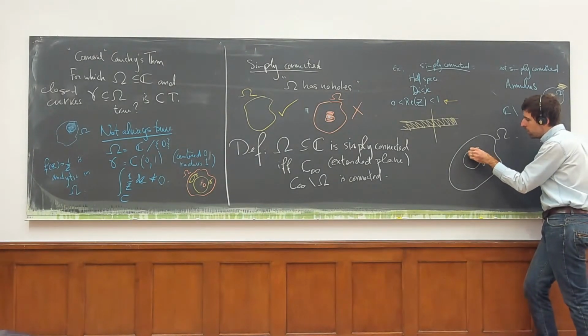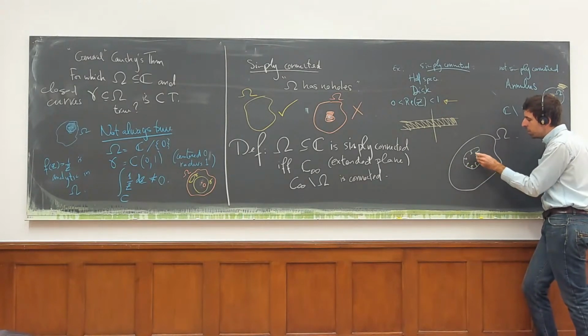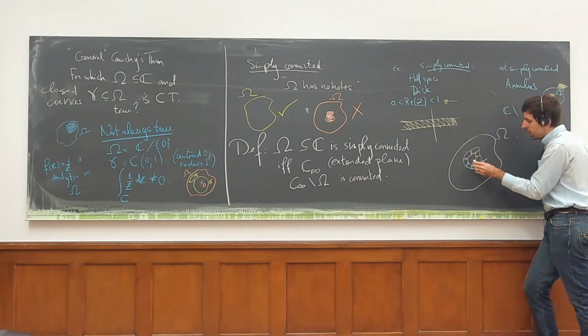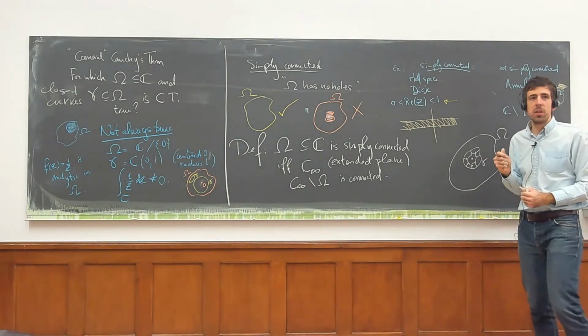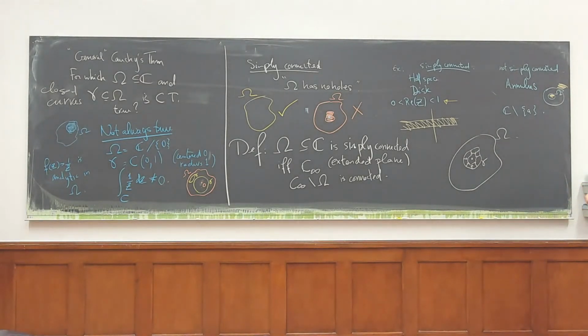You can imagine doing some kind of continuous operation on this closed curve, contracting it to another curve and so on. And if you can contract the curve all the way to a point, and if you can do this for every single curve, then the set is simply connected. And this is the right definition for higher dimensions.